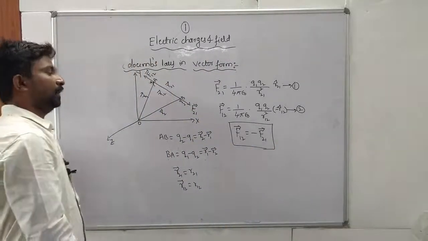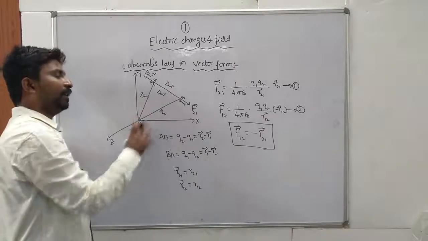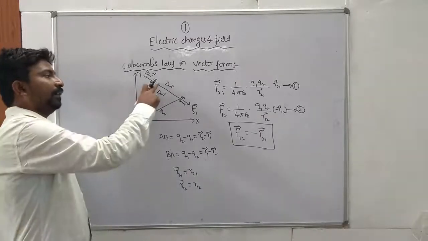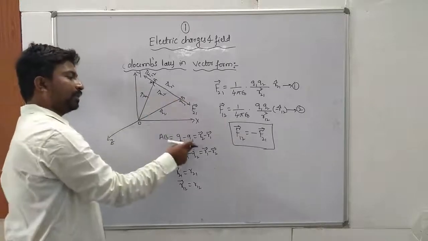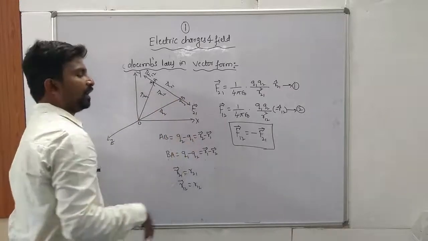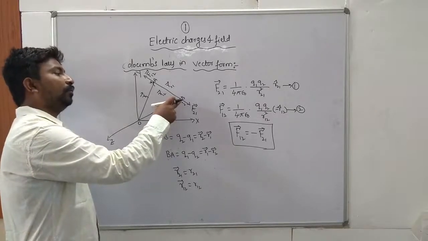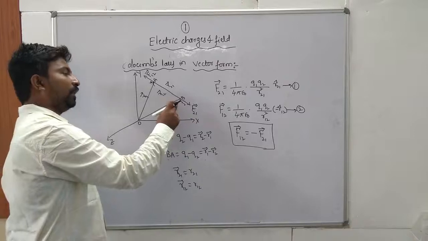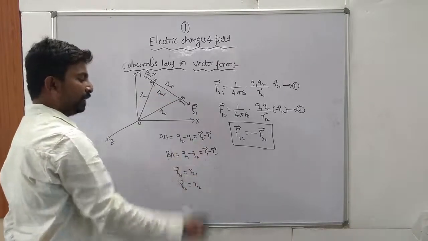Once again, let the position vectors of the two charges Q1, Q2 be R1 and R2 respectively. The vector is leading from A to B. So AB is equal to Q2 minus Q1 is equal to R2 minus R1. In the same way, the vector leading from B to A, so Q1 minus Q2 is equal to R1 minus R2.